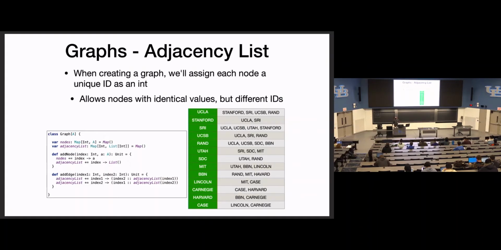So all of our algorithms that we write for our graph are going to work on the integers assigned to each node. When we add nodes to this graph, we're going to assign each one an integer value which is unique to that node. We're going to store all the nodes in a map which maps its unique ID to whatever that node actually represents.